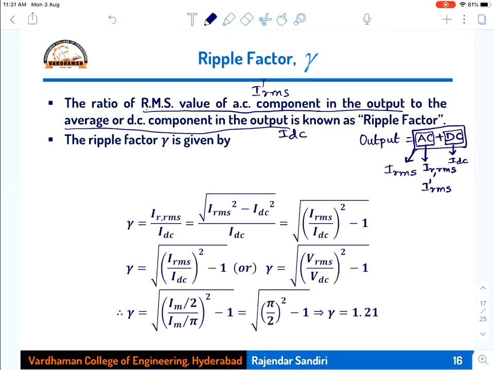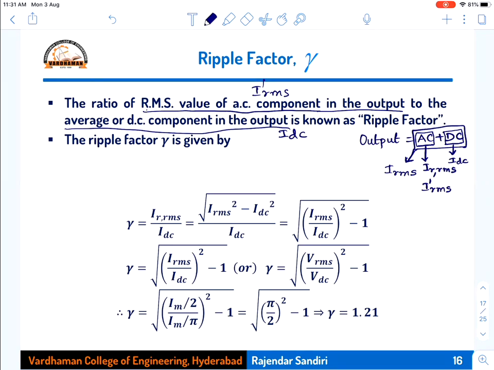In the third step, what we calculated as IRMS is different. It is a combination of AC plus DC. In the third step we derived IRMS is equal to IM by 2. That is the RMS value of the entire combination of AC plus DC. Now here, the RMS value of the AC component in the output is I dash RMS. It is just the pure AC's RMS value we want here, to the average or DC component in the output, IDC.